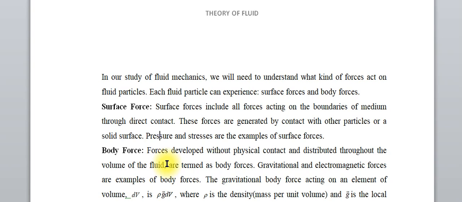When you have a fluid in a region, in the whole region this force will be uniformly distributed. Its amount everywhere will be the same, and such forces are called body forces.